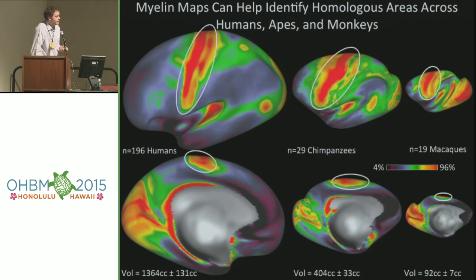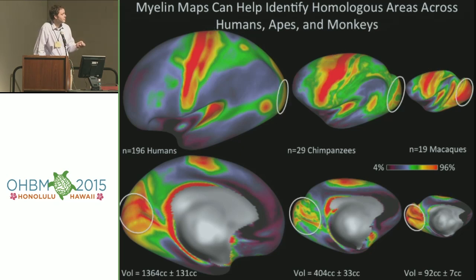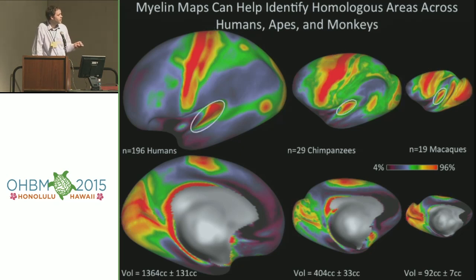So we can see many of the same heavily myelinated features across subjects, primary somatosensory motor cortex. We see it in all 3 species. Early visual cortex, early auditory cortex, the MT plus complex we can nicely see across the species. Retrosplenial cortex, the perforant path, the frontal eye fields.